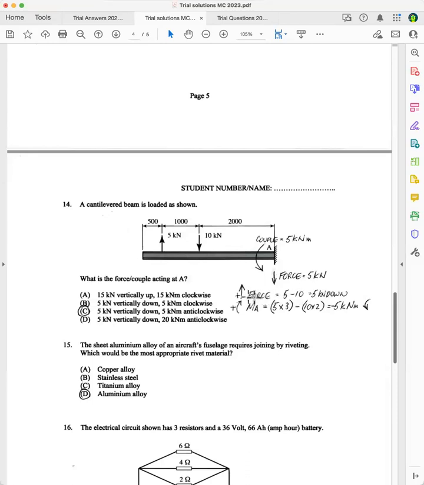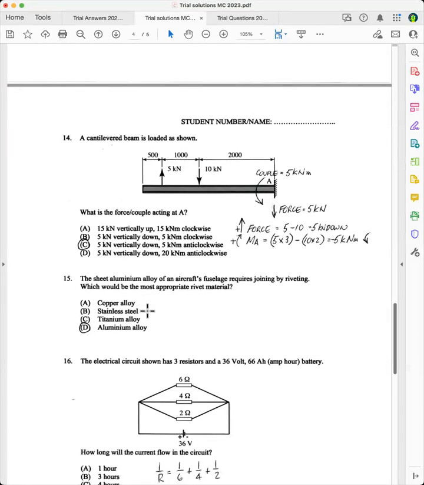If you say up is positive, you've got -5 down, and so you've got a force of 5 kilonewtons acting down, so it's a shear force. And the rotation force is, take moments about A, and you'll get the rotation of 5 kilonewton meters anti-clockwise. So C is the answer.